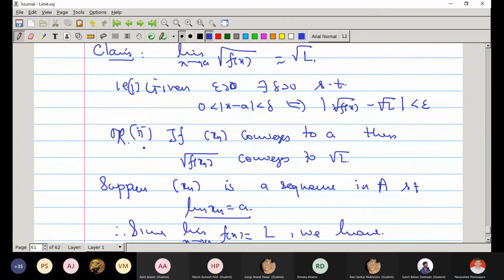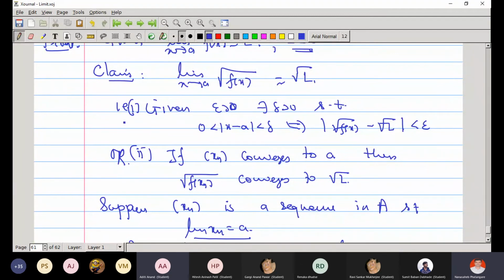Yes, sir. Now this is an exercise or homework, you can say. Given epsilon, try to produce delta so that this is less than epsilon. And what is the hint?